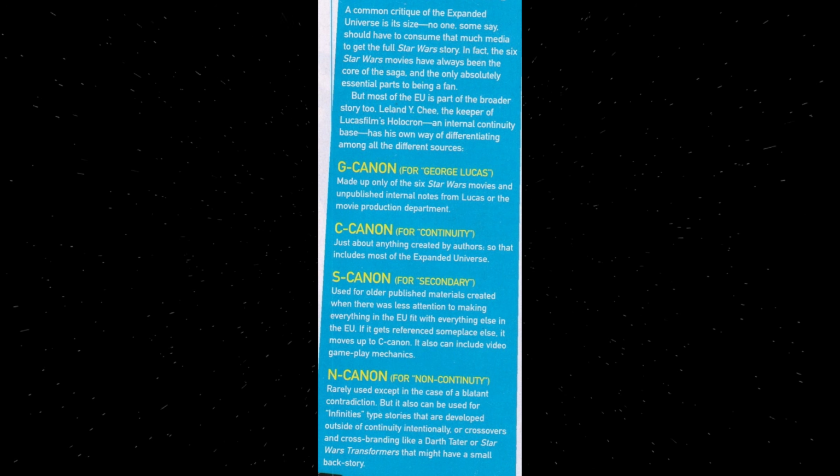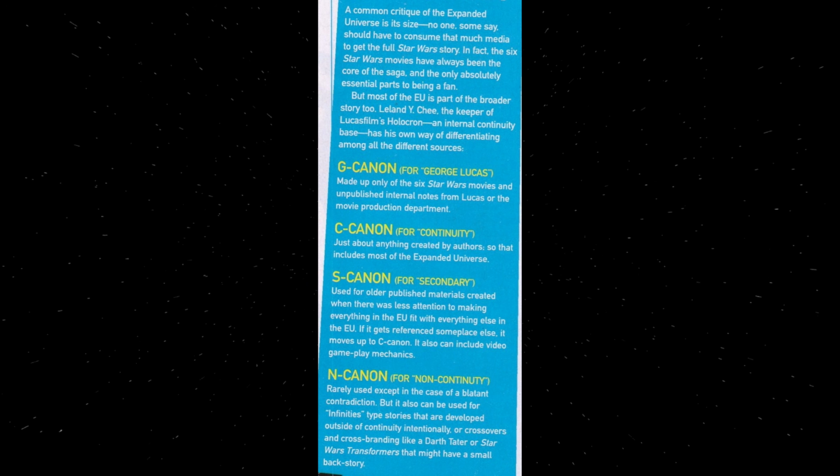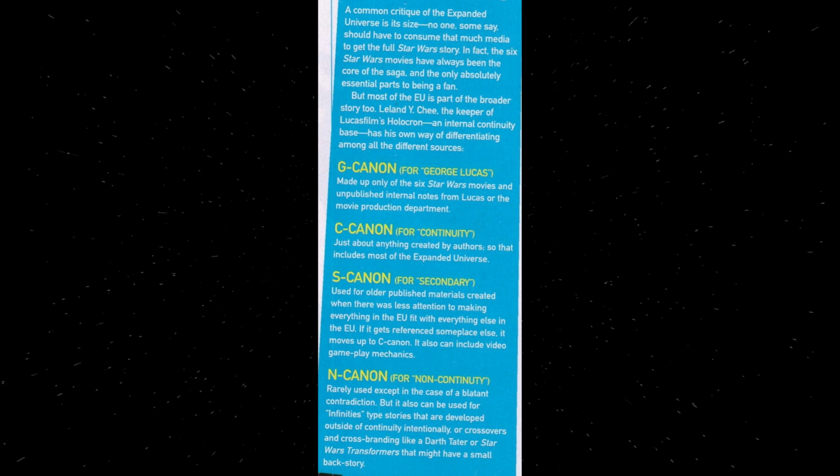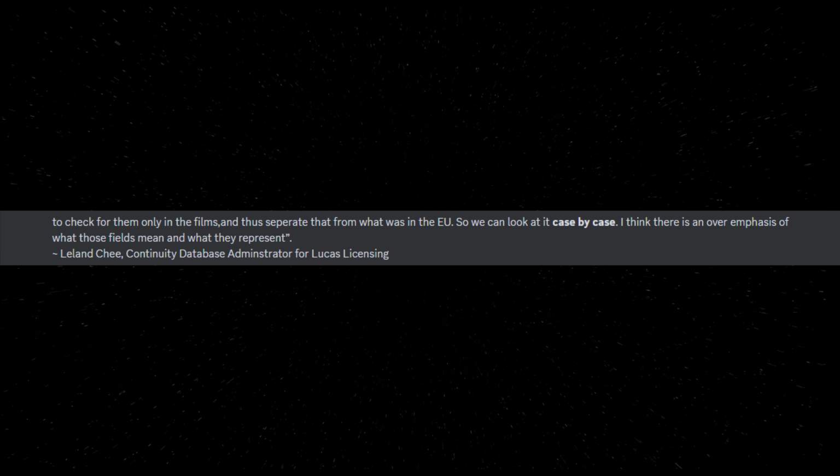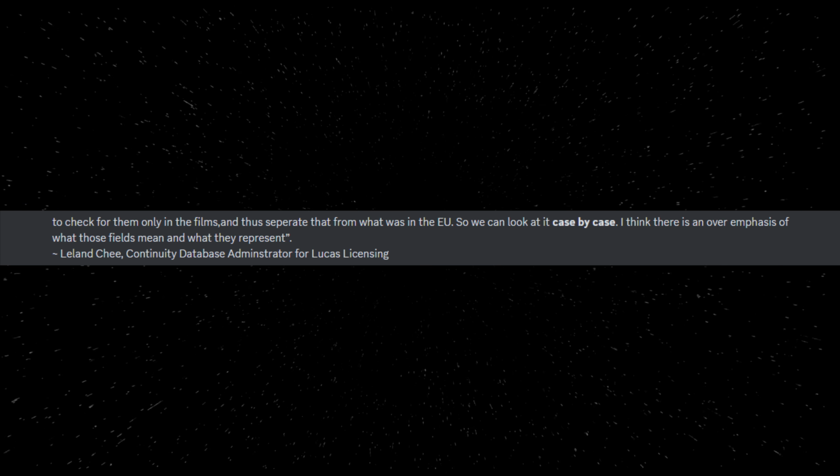G-Canon is established as the highest level of canon in the old timeline, so anything that's G-Canon takes precedence over anything in the tiers below it. And that is for contradictions on a case-by-case basis.